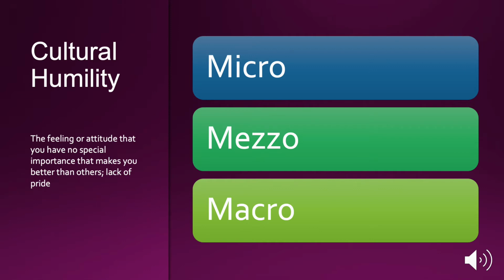I'm glad you asked. Micro level is helping people on an individual level or practicing cultural humility on an individual level. Meso refers to groups of people, and macro is the bigger picture, the society as a whole. And cultural humility really includes a lifelong commitment to self-evaluation.